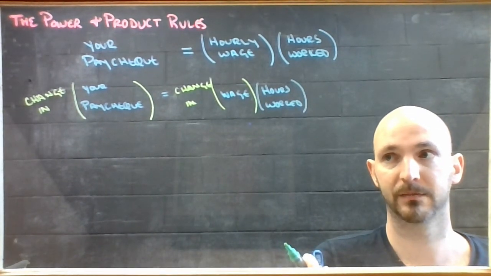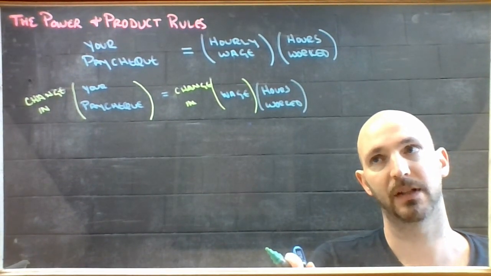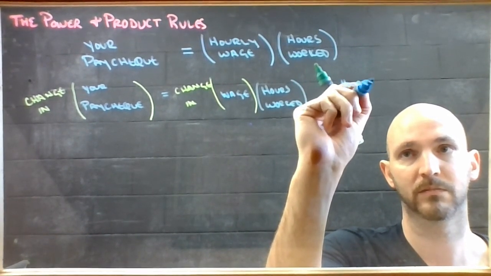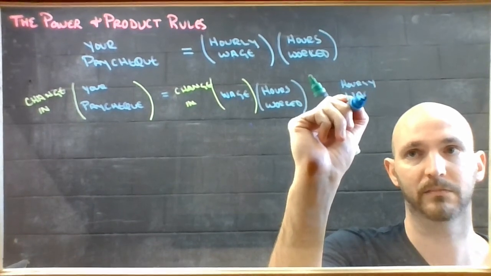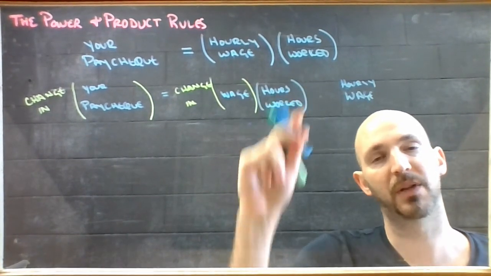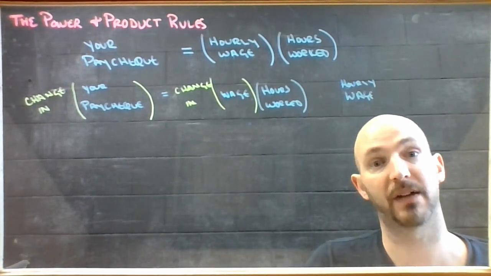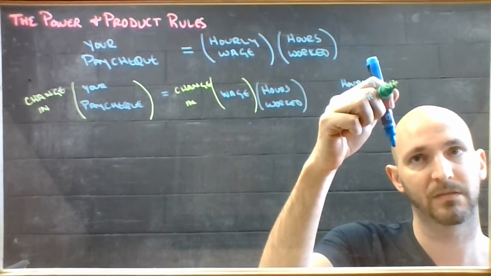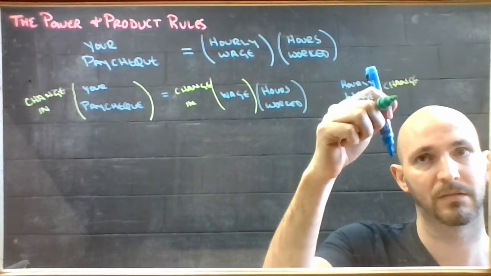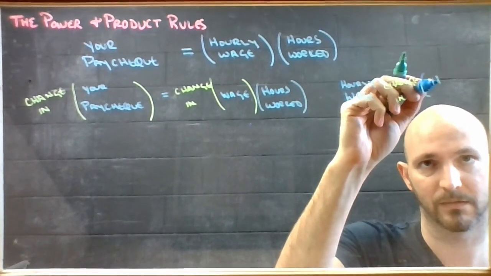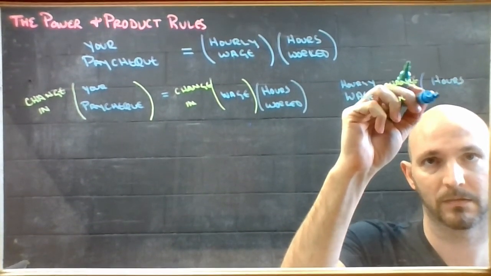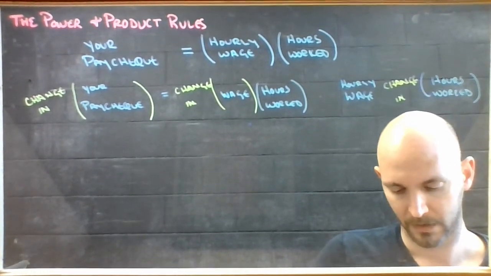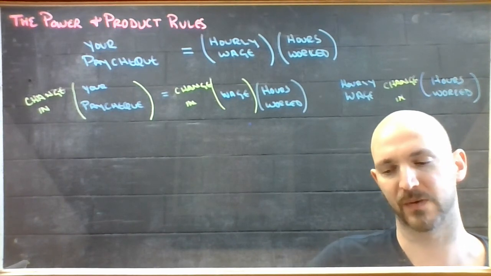Okay. The other option is to leave my hourly wage alone so I'm paid the same rate, but I either increase or decrease the amount of hours I work. So that would be a change in the hours worked. And if I did both of those things, right?